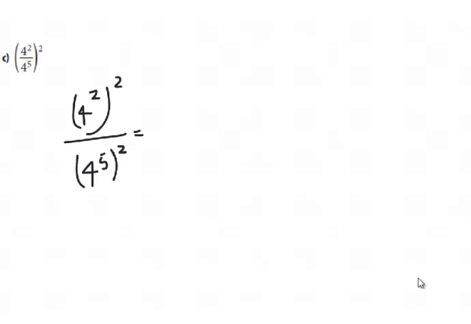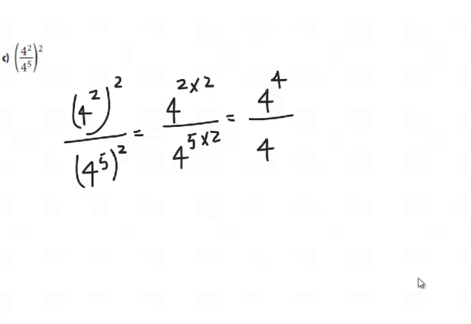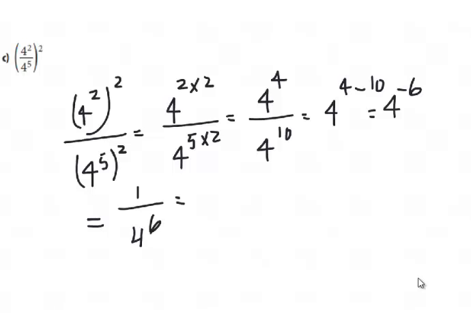Now 4 exponent 2 is 4 exponent 2 times 2, and 4 exponent 5 exponent 2 is 4 exponent 5 times 2. 2 times 2 is 4, so I get 4 exponent 4 divided by 4 exponent 10. So I get 4 exponent 4 minus 10, which is 4 exponent negative 6. Now 4 exponent negative 6 is the same as 1 over 4 exponent 6, 1 over 4096.